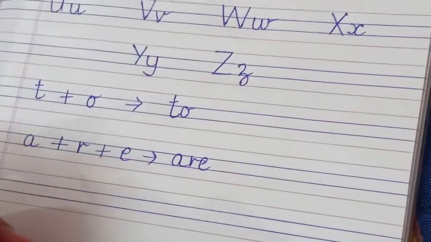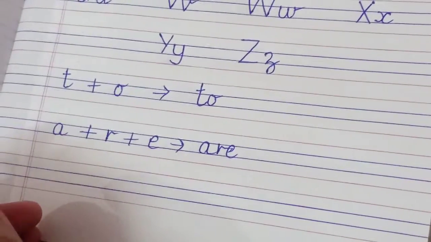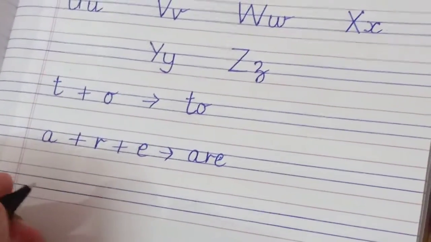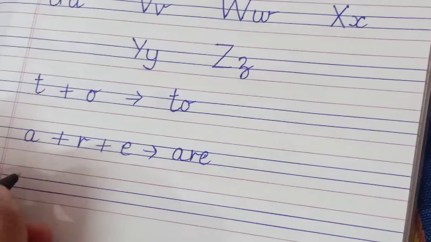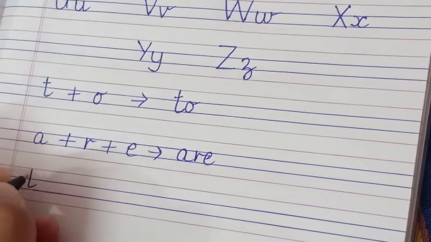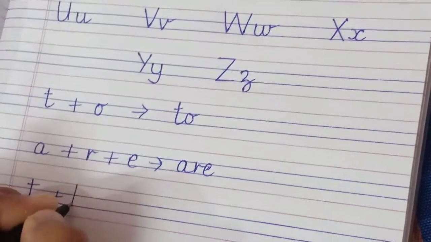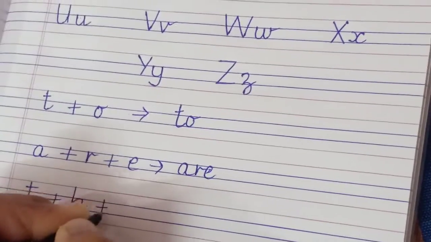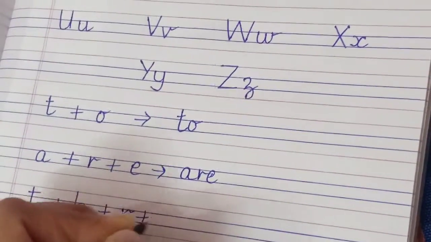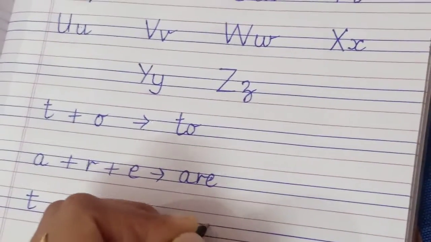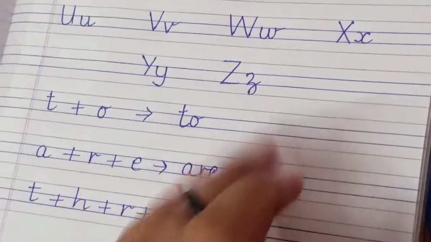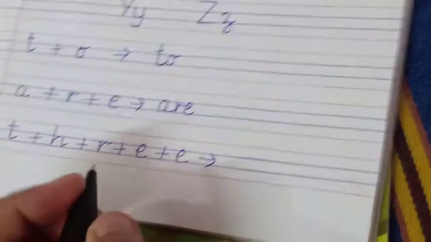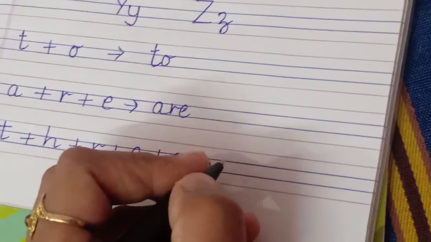Now if you want to write a 3-letter one more word or a 4-letter word, if you are writing, T plus H, R, E, E. So what will be the exact formation of writing all these letters?